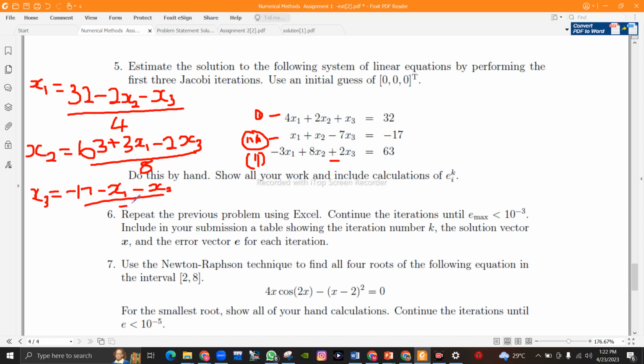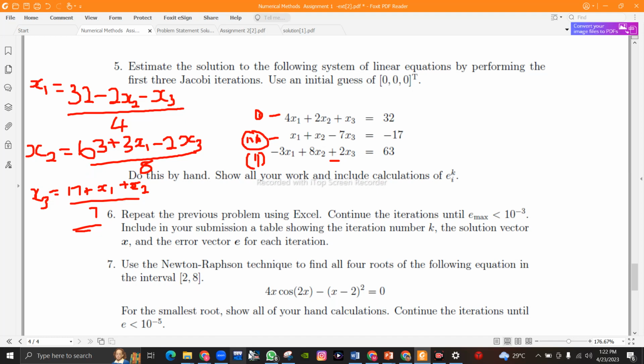If you divide everything by minus to rearrange the equation, it will be plus, plus, plus, plus. So your x3 can be, if you rearrange it, (17 plus x1 plus x2) divided by 7. So these are our three equations that we use to get all our answers, and it is Jacobi iteration.